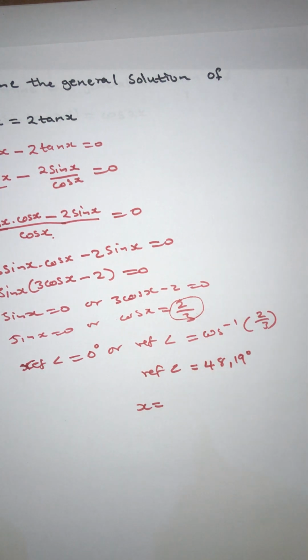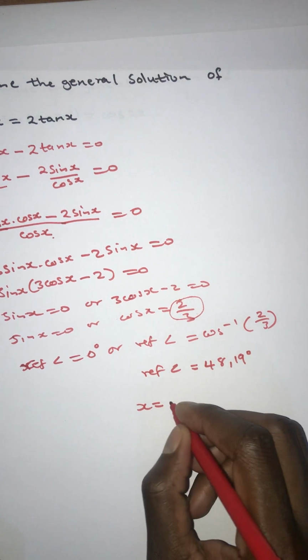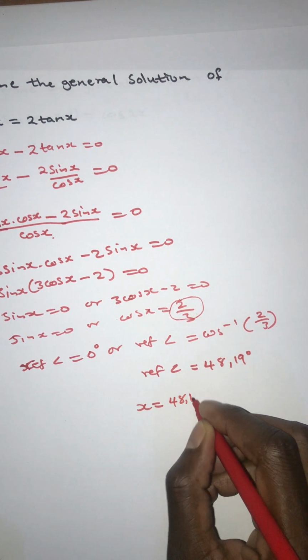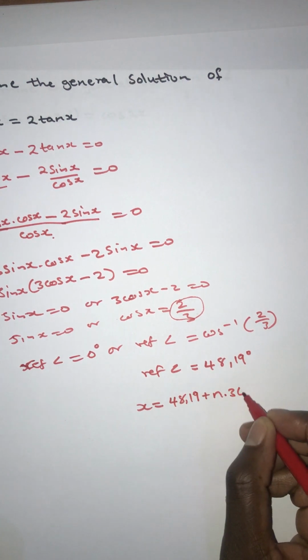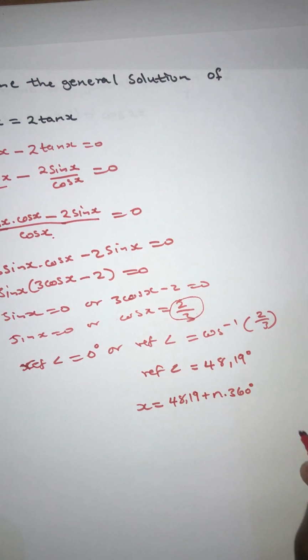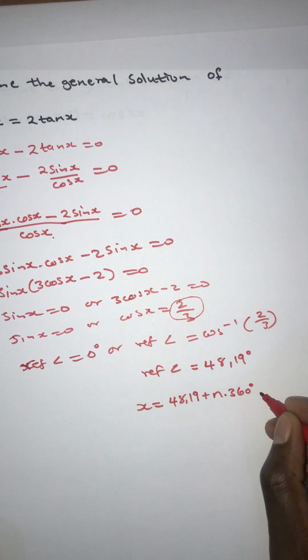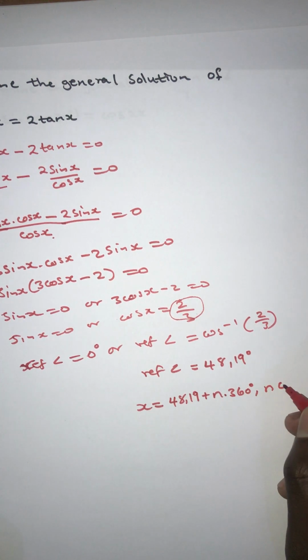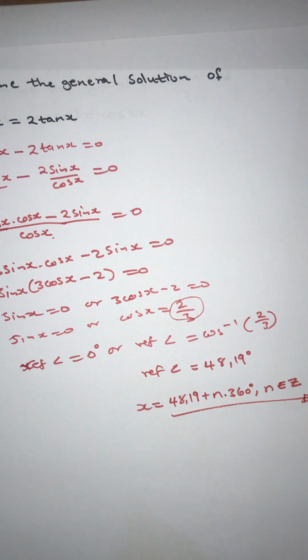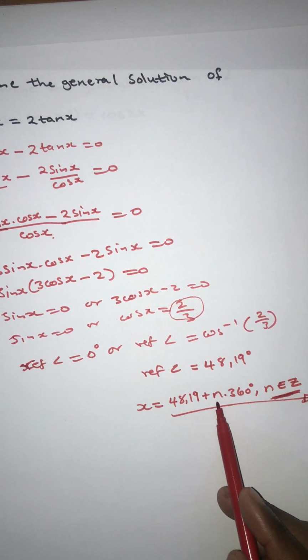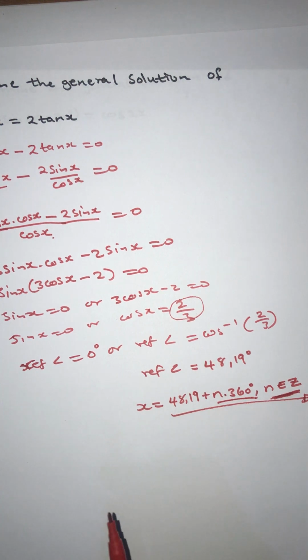It means we can take it this way, 48,19, then plus n times 360 degrees, or you can use k if you can, where n is an element of integers. So this is our final answer. And remember, for cos and sine, always times 360 degrees.